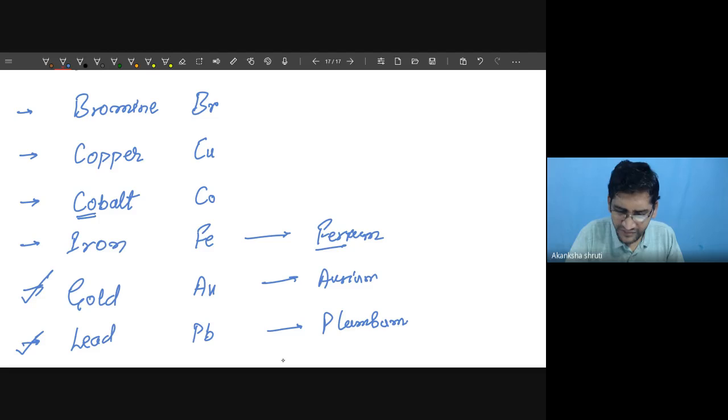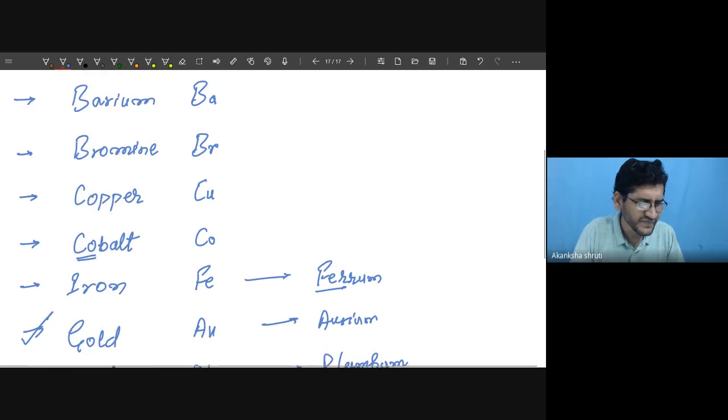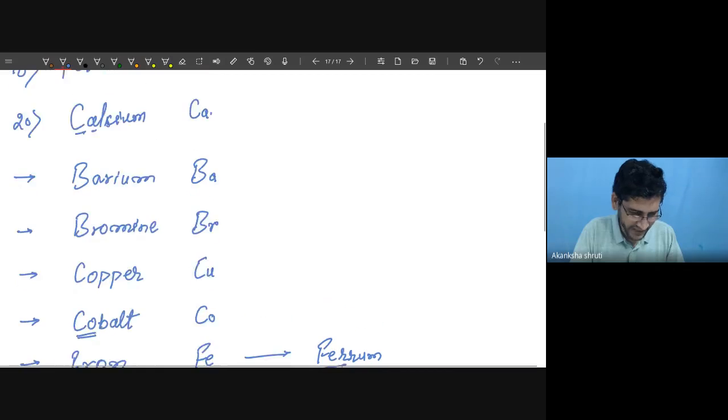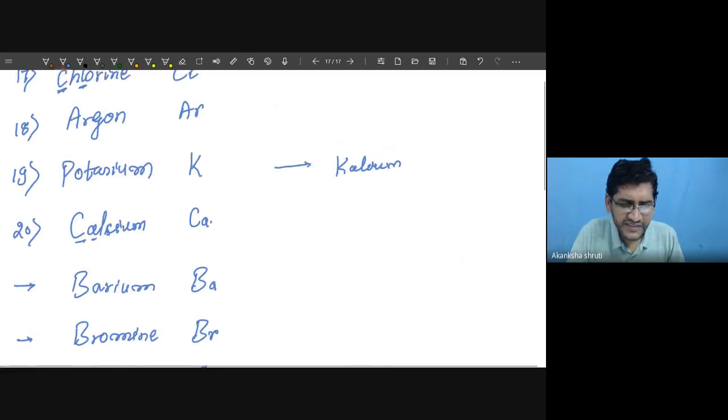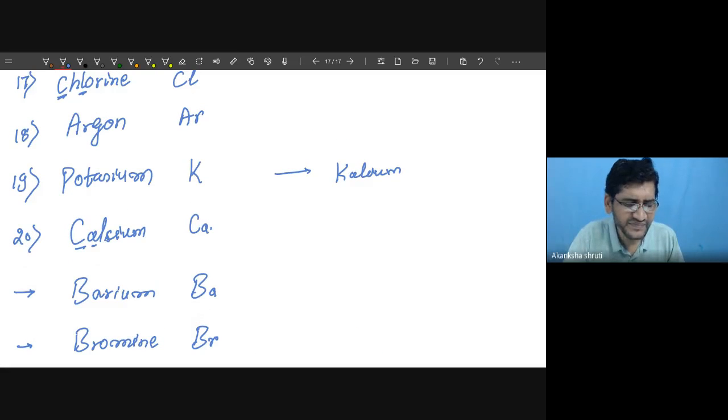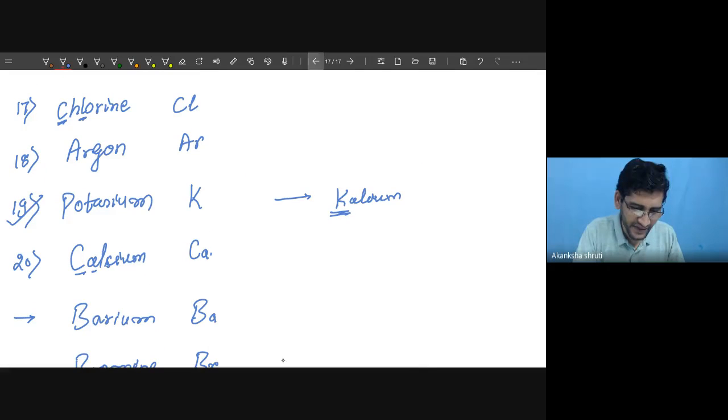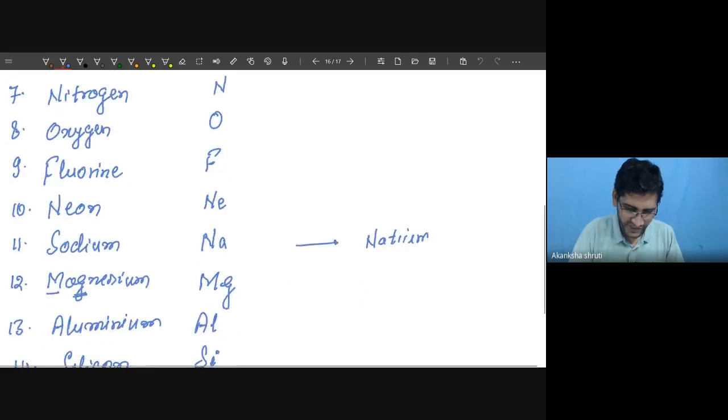Okay, now students. Ferrum. This much is enough. Sodium and potassium we had also written. Potassium is kalium, K. Then coming back, there was one more, sodium.